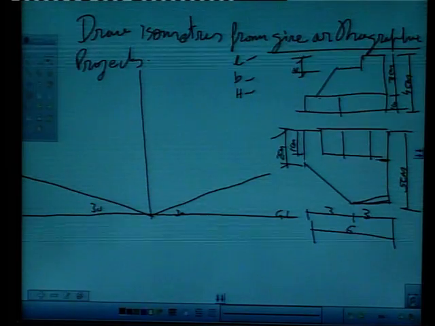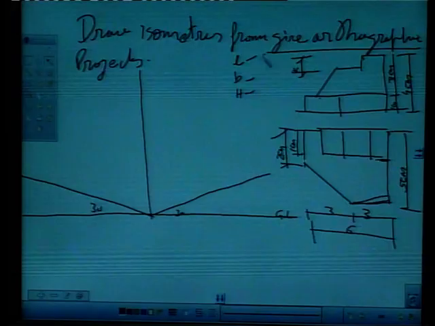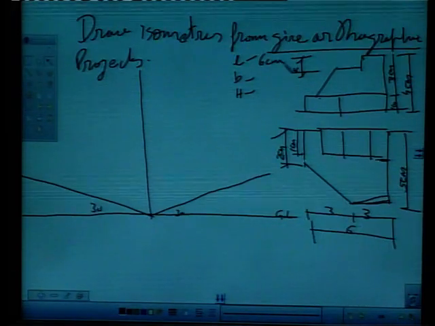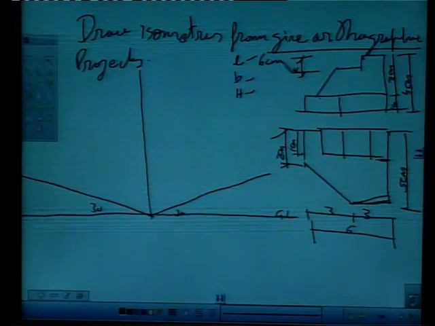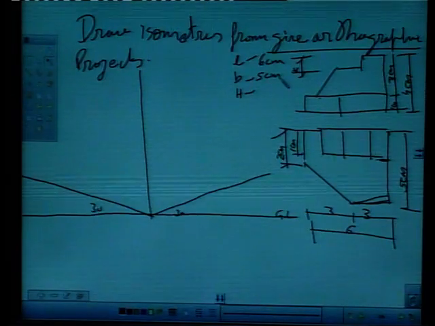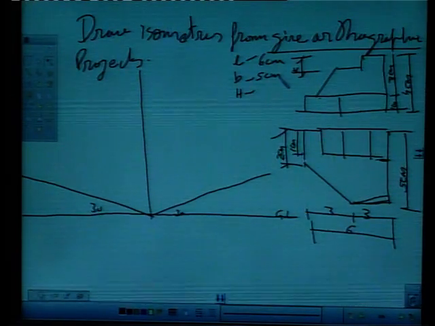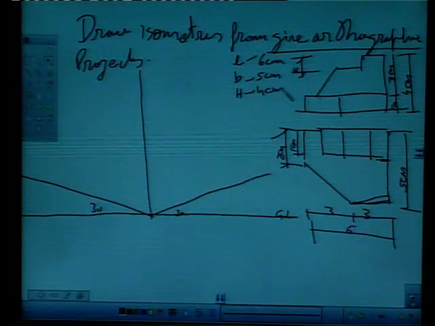So maximum length is say 6 centimeter from here, right, and maximum breadth is, from plan we can make it is 5 centimeter, and maximum height from elevation we can clearly see it is 4 centimeter, right.